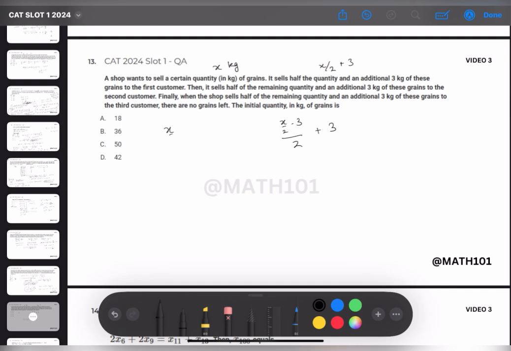So x by 2 plus 3 to the first customer, x by 4 plus 3 by 2 to the second customer, so now he has sold 3x by 4 plus 9 by 2, so he's left with x by 4 minus 9 by 2.